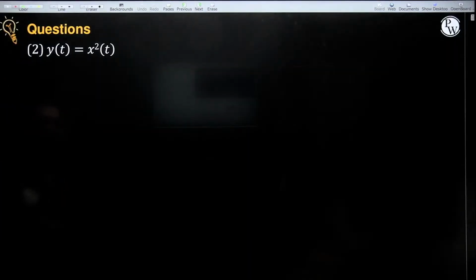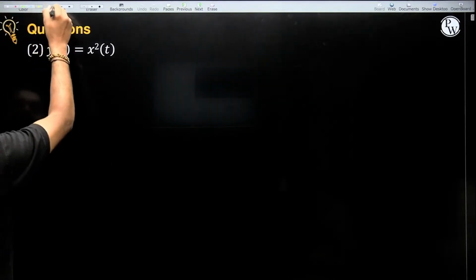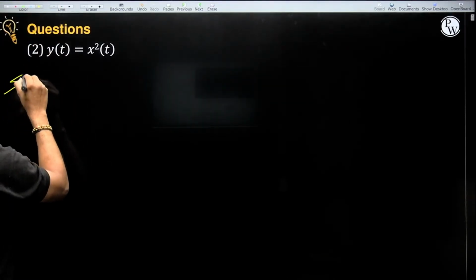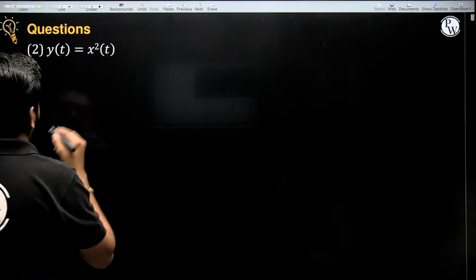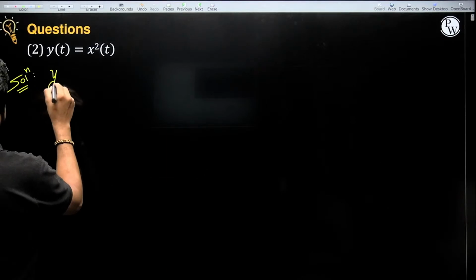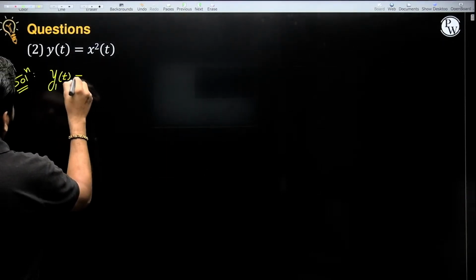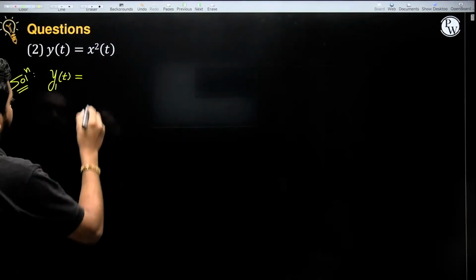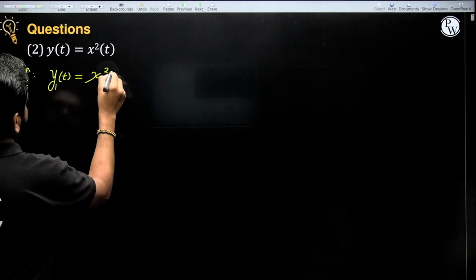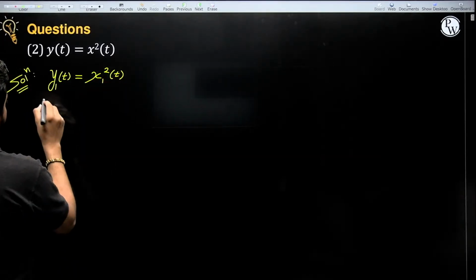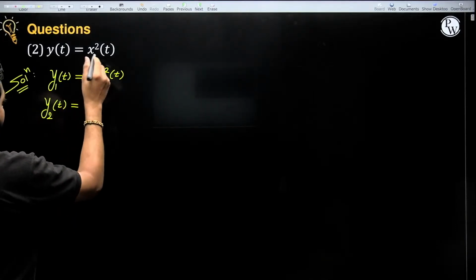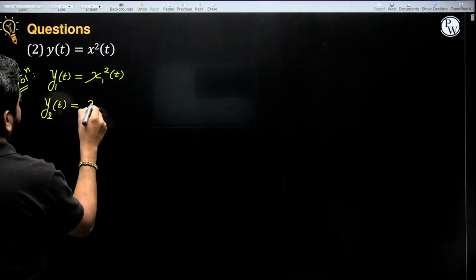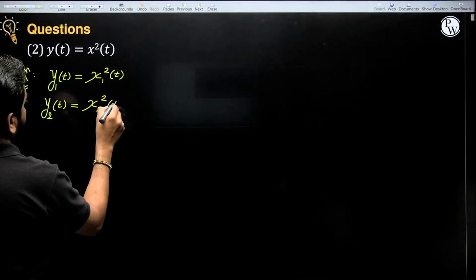Question: y of t is equal to x square of t. First, find the individual response y1 of t. Replace x with x1, the response due to x1. Now the second response y2 of t. Now replace x with x2, so it is x2 square of t.